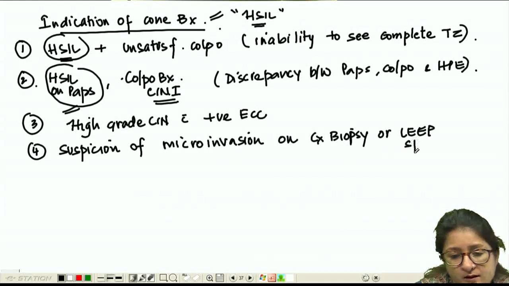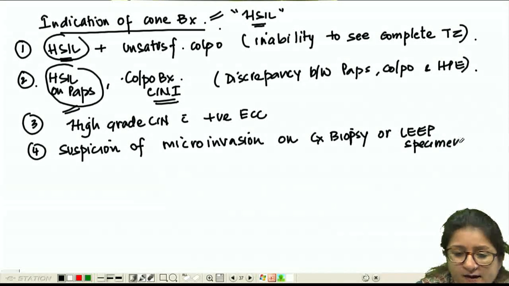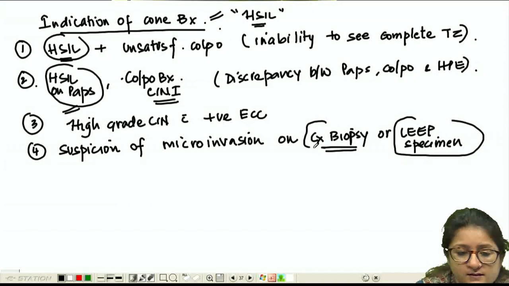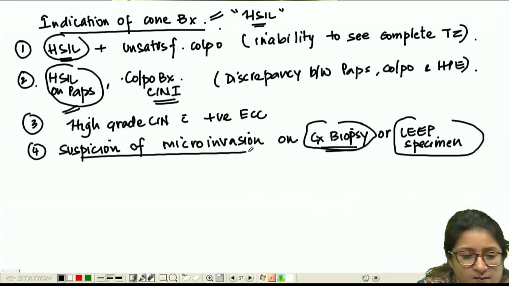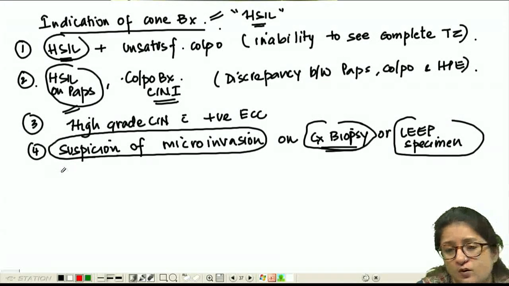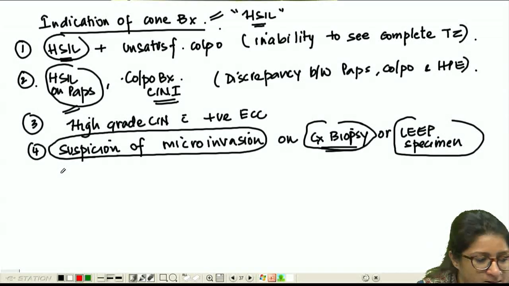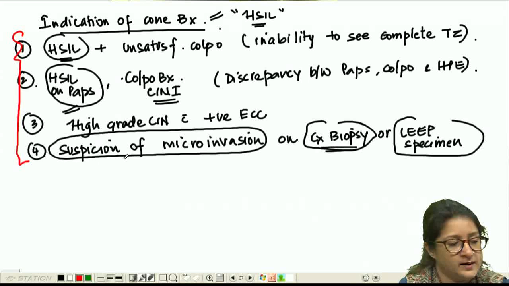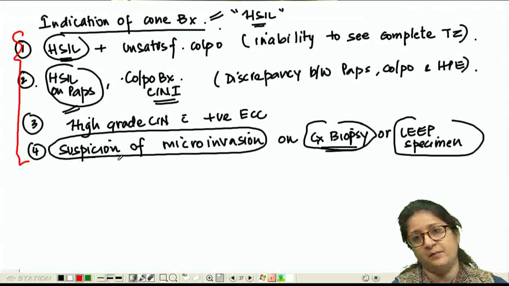So we did a LEEP for CIN 2-3 and the final report came out to be suspicious of malignancy. Microinvasive carcinoma can only be diagnosed completely on cone biopsy. So these are the 4 major indications of cone biopsy which you have to remember.